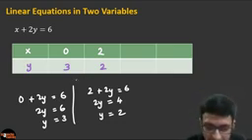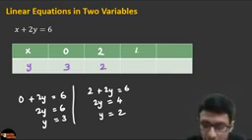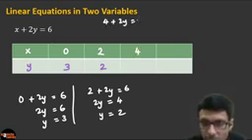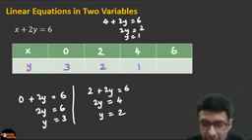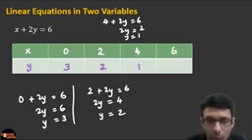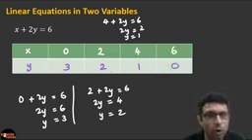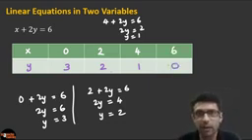Again, let's take a value of x as 4. If you substitute, 4 plus 2y equals 6, so 2y is equal to 2, therefore y is basically 1. Simply solve it and you'll get 1 here. Similarly, let's take the value of x as 6, and if you substitute, you'll see y will be 0. All of you clear about this, right?